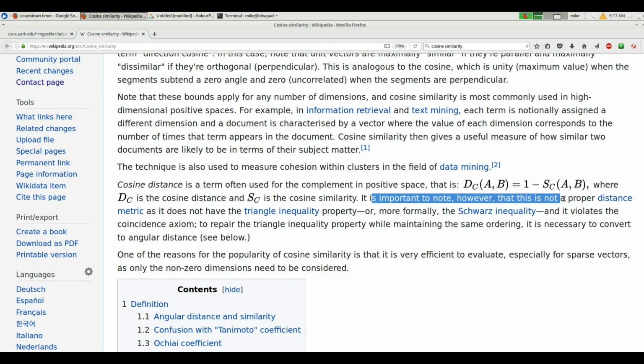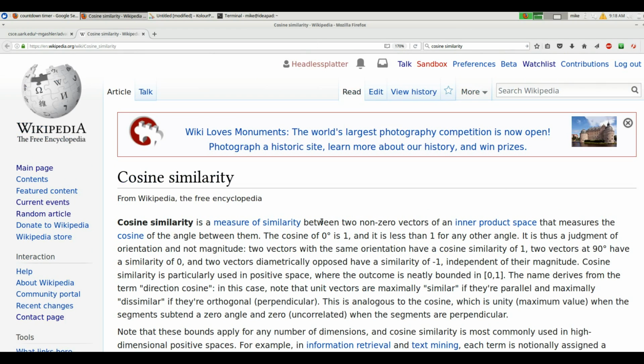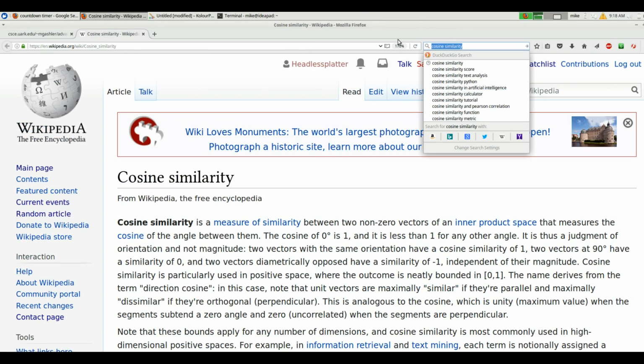It is important to note, however, that this is not a proper distance metric as it does not have the triangle inequality property. Therefore, do not try to use cosine similarity with a KD tree. You might get imperfect results. Now, having said that, it might give you good results anyway, but you don't have a guarantee of finding the k nearest neighbors.